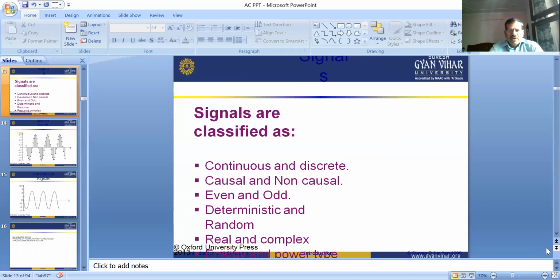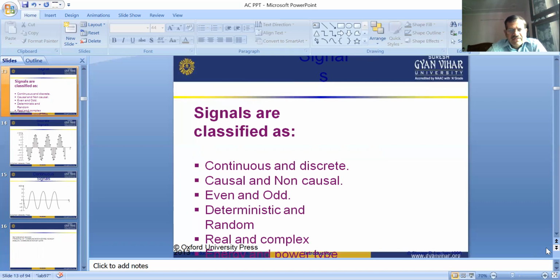Next are causal and non-causal signals. These are also classifications of signals. The next one is even signals or odd signals, then deterministic and random signals, and real and complex signals.